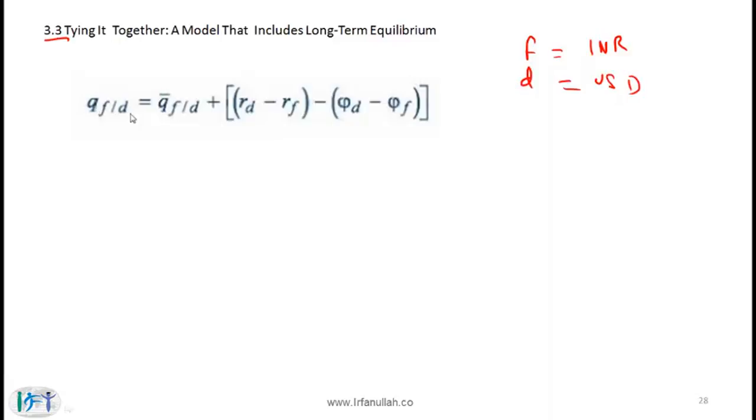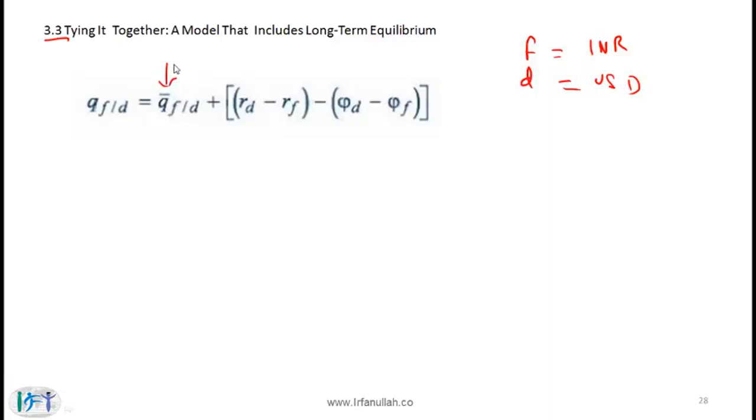Then QFD refers to the real exchange rate, so the exchange rate with the Indian rupee as the price currency and the dollar as the domestic currency. Q bar refers to the long-term equilibrium exchange rate, and let's say that this is derived using purchasing power parity as a model.